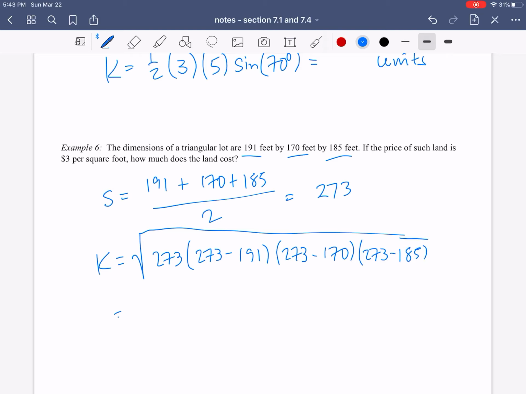Punching that into the calculator, and then how about you go ahead and also just multiply it by 3. That will give us our answer of $42,733.60. Okay, any questions on how to find the area of a triangle, please feel free to let me know.